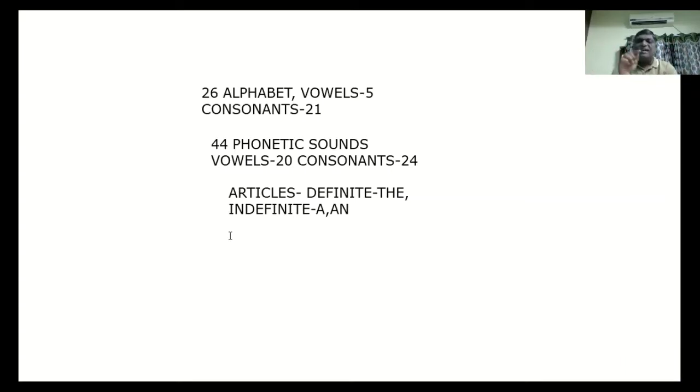Just like you say an when you have a vowel sound, a when you have a consonant sound. And when do we use a definite article? When you are talking about something in particular, something special.